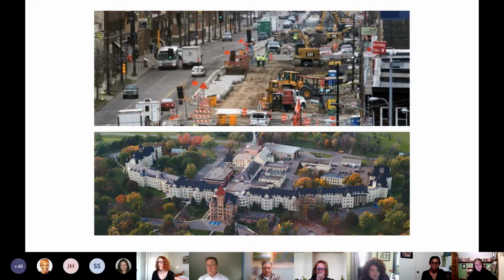So these were two of the larger contexts that we were facing 10 years ago when we started to do work in communities.